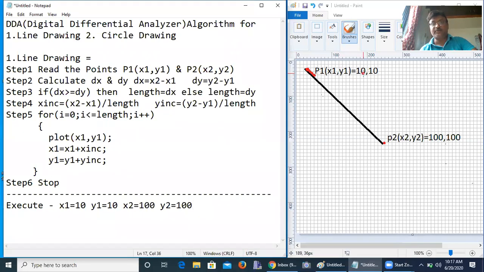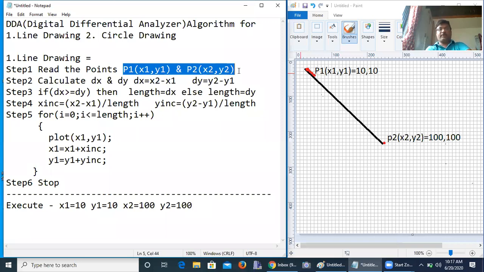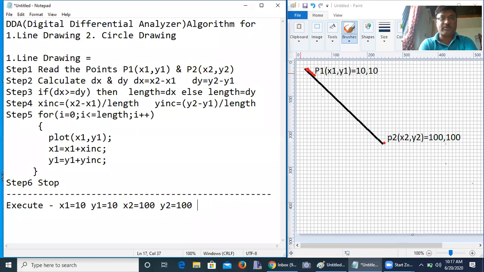These are my points. What do you have to read first? x1, y1, x2, y2. My x1, y1 value is 10, 10, and x2, y2 value is 100, 100. So my dx value is going to be 90 and dy is 90.